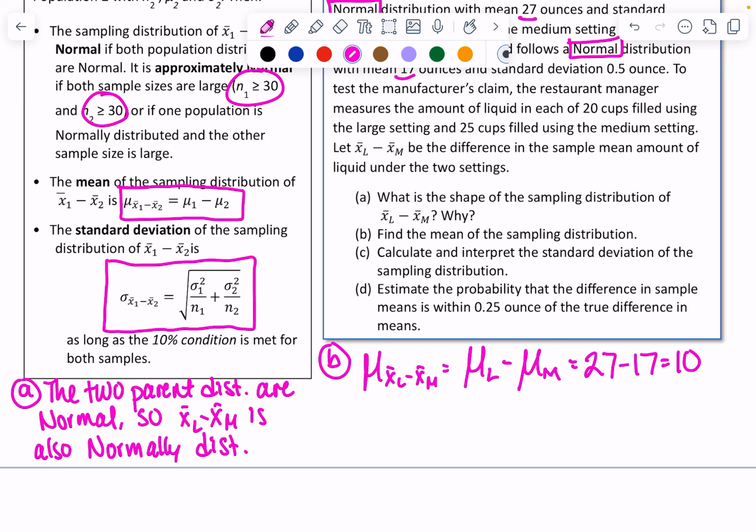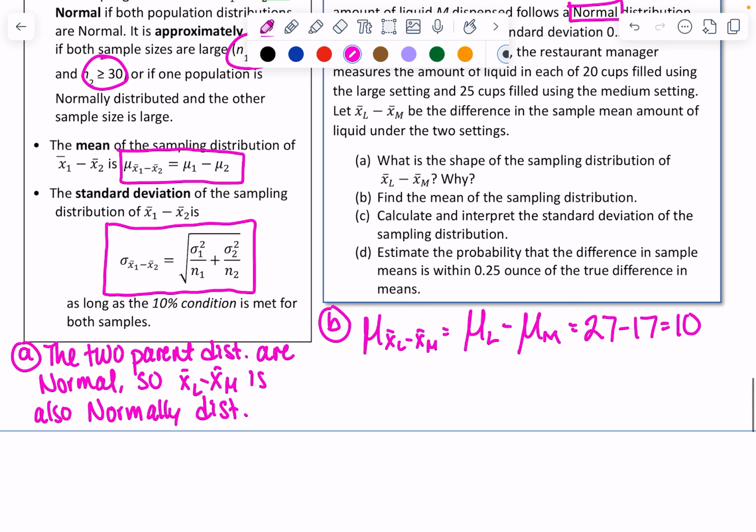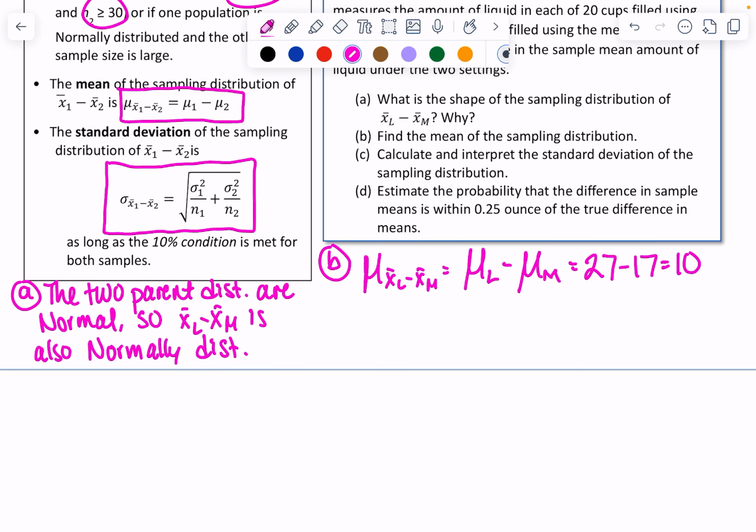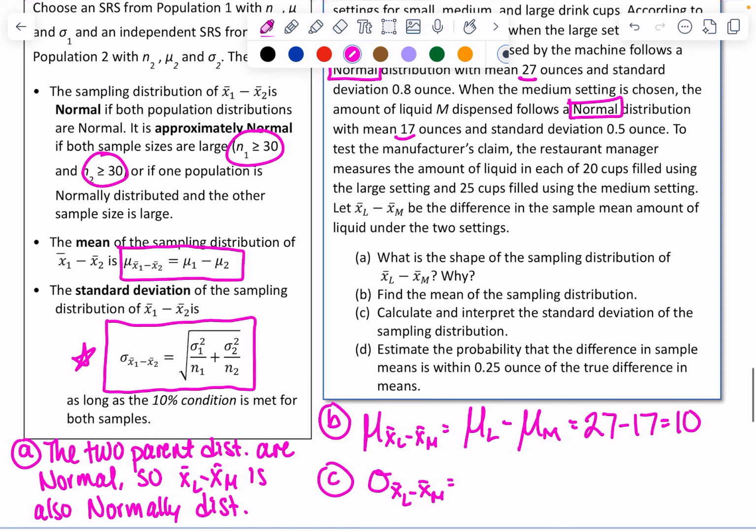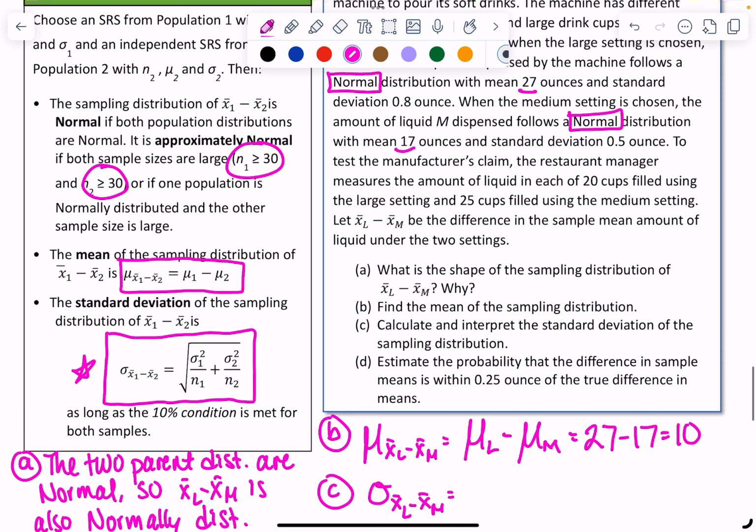All right, part C, calculate and interpret the standard deviation of the sampling distribution. Okay, so standard deviation. I'm just going to follow this formula. I believe it was 0.8 for large, and the sample size was 20.